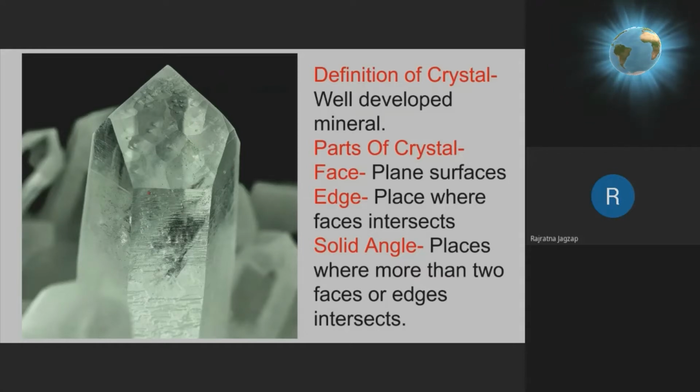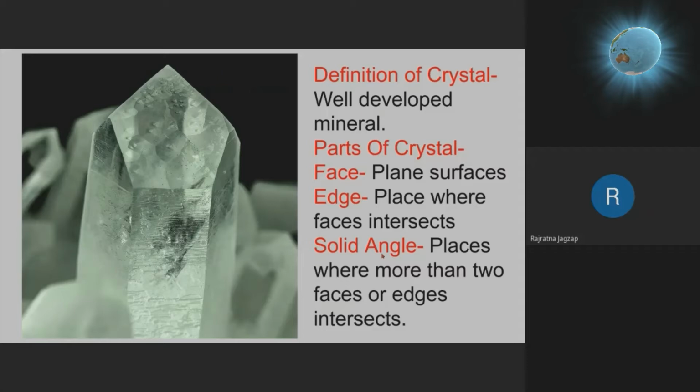With another face, you can see here a rectangular face. An edge is the place where two faces meet or intersect. This is the place of intersection of two faces, this hexagonal face and this rectangular vertical face. It intersects here to form an edge.